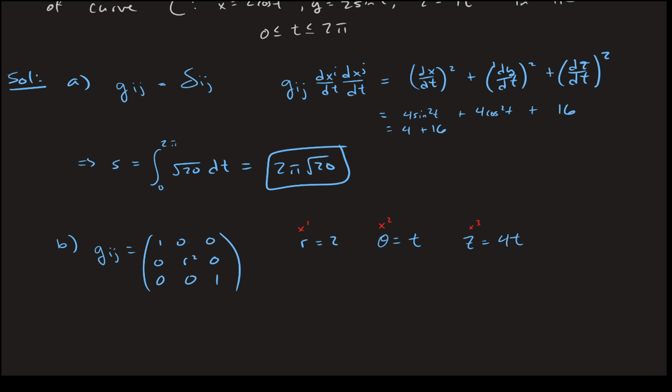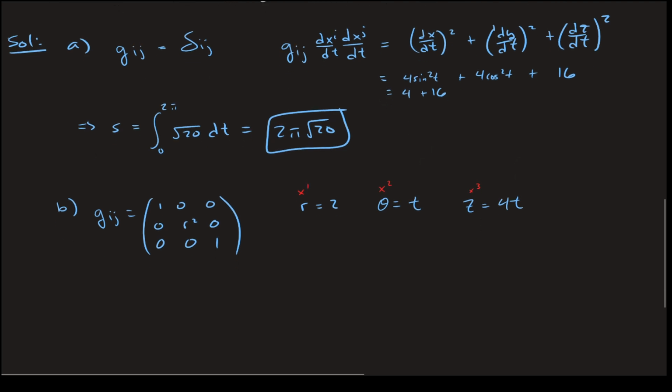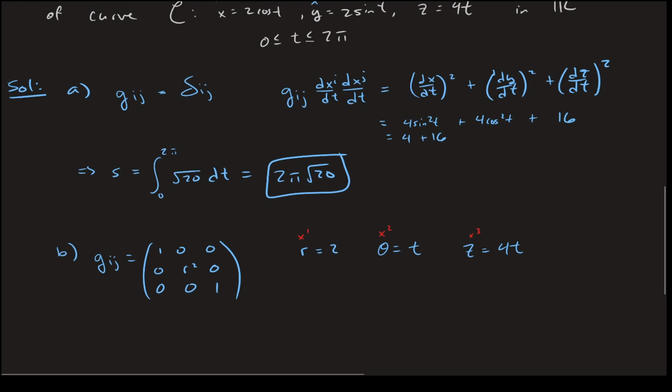Because it's a circle of radius 2, I just fix r to be 2. t is my angle theta, and then z is 4t.